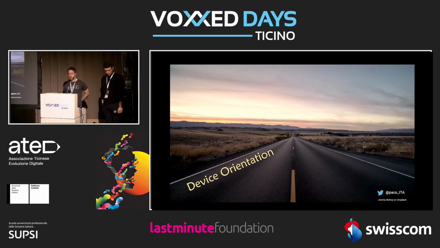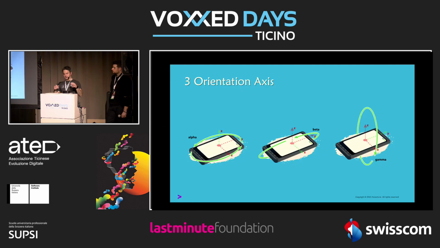Another API that also uses a sensor, in this case the gyroscope or the accelerometer of our device, is the Device Orientation API, again part of the Sensor API collection. This API allows us to listen to events that occur when we move our device, and we have three properties, one per axis.